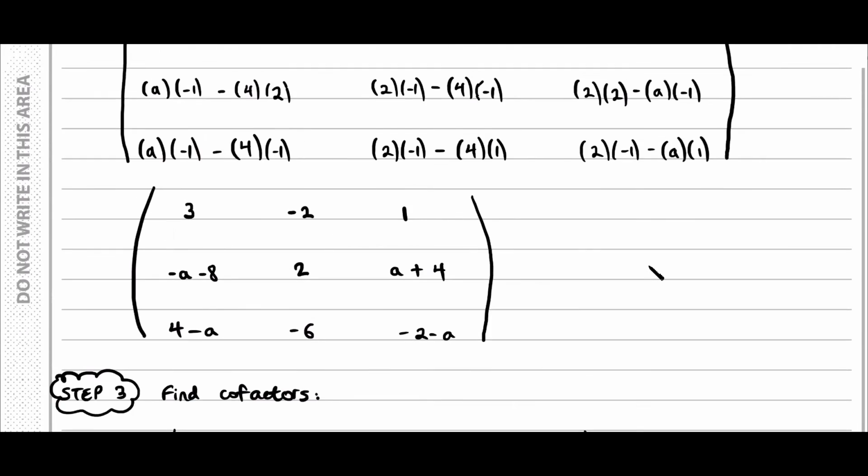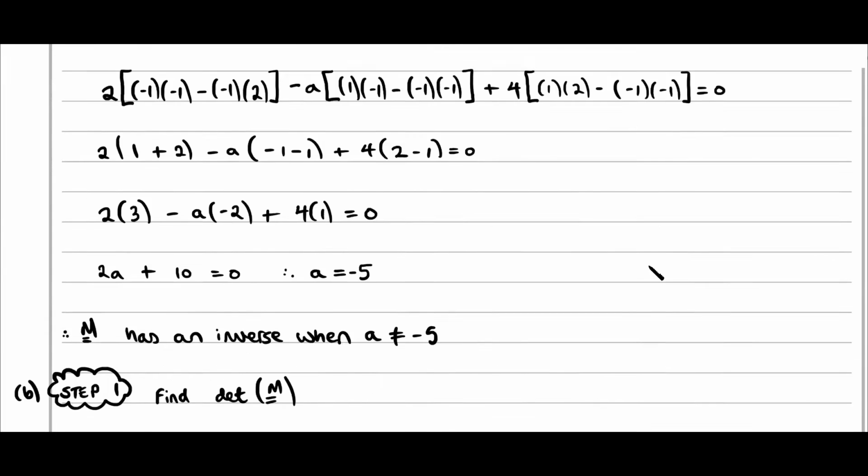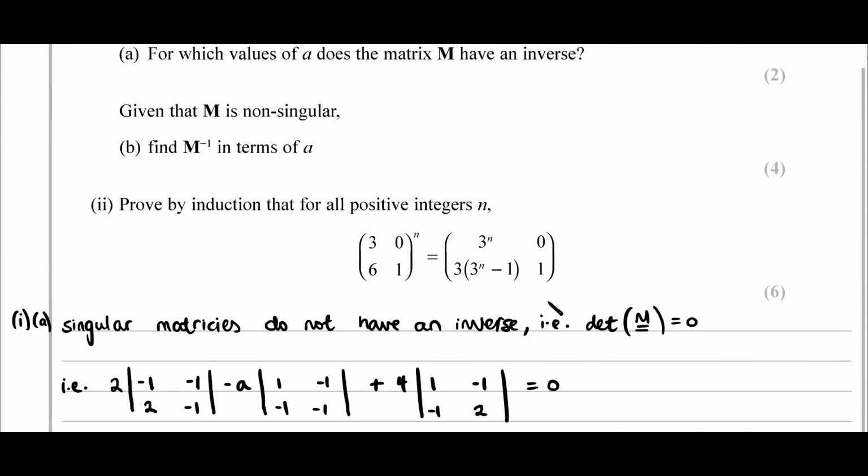For the next part, we have to prove by induction that for all positive integers n, the matrix 3, 0, 6, 1 to the power of n is equal to 3 to the power of n, 0, 3 lots of 3 to the power of n minus 1, 1. This is another one of those questions which require a lot of work.